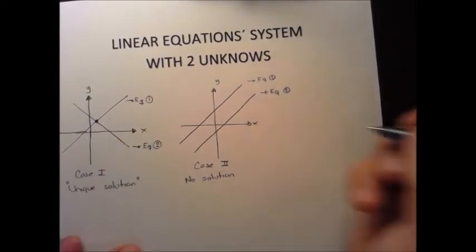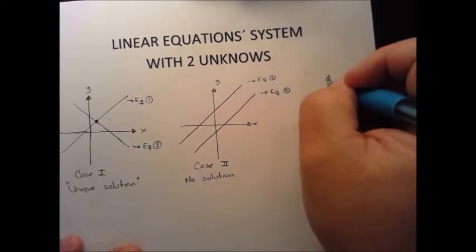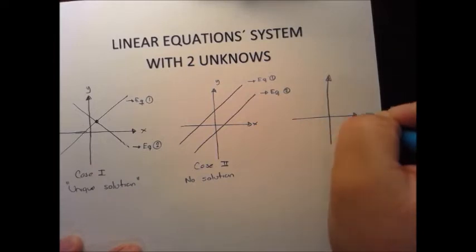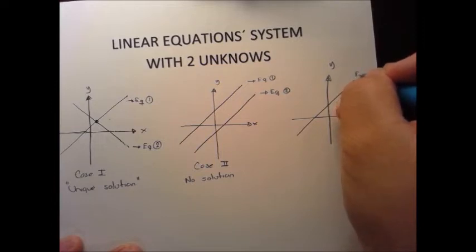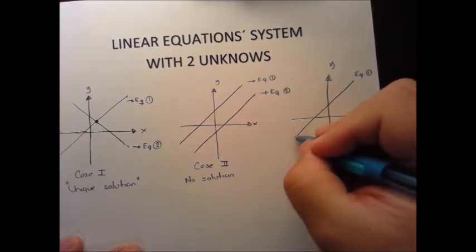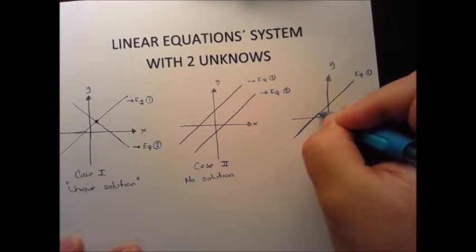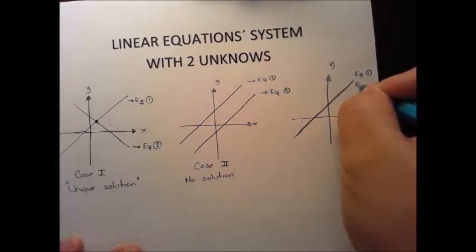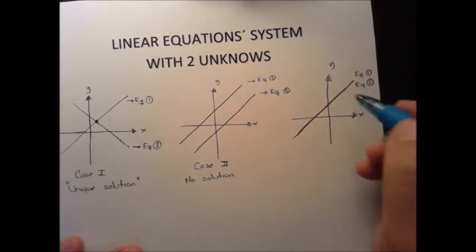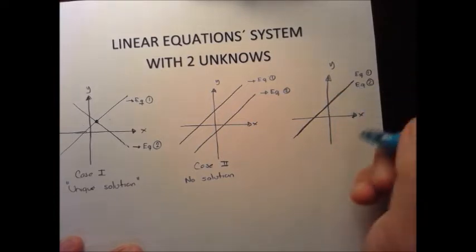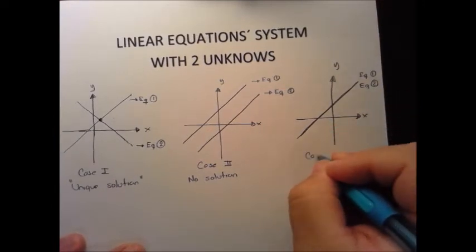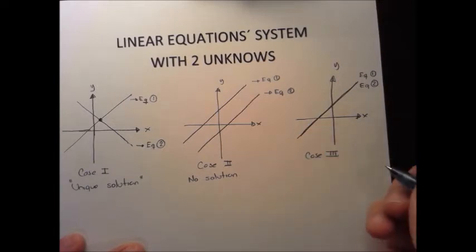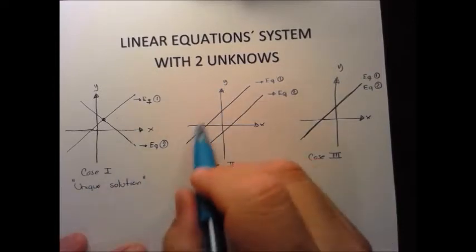And here we're going to have the third case. We're going to make the Cartesian plane x and y, and this is going to be equation number one, but equation number two is going to be on top of the same equation. So both equations make the same straight line. This is case number three. What do you think case number three is? Remember, here is no solution because we don't have an intersection.